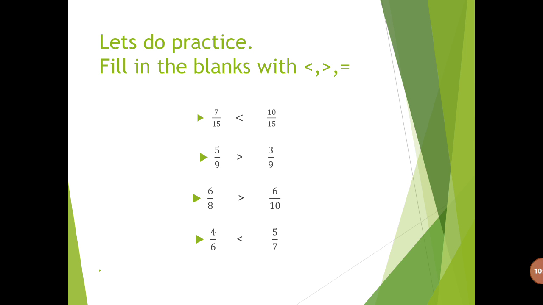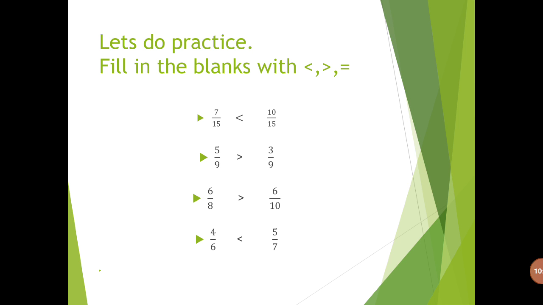Now this is a typical question. 4 upon 6 and 5 upon 7. It has no common numerator, it has no common denominator. So we have to change it into a common denominator. For this purpose, we have to multiply the first fraction by the second fraction's denominator.